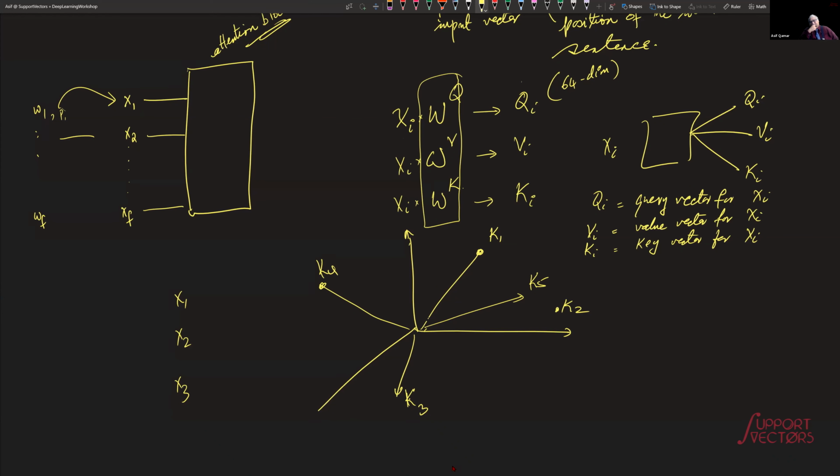These values become spread out in the K space.